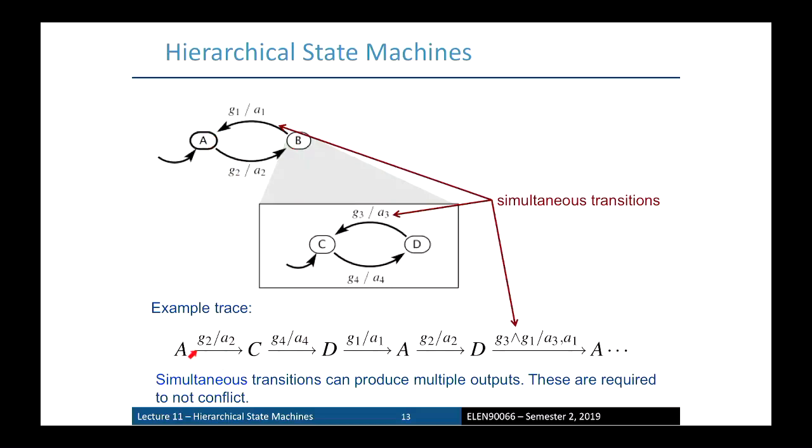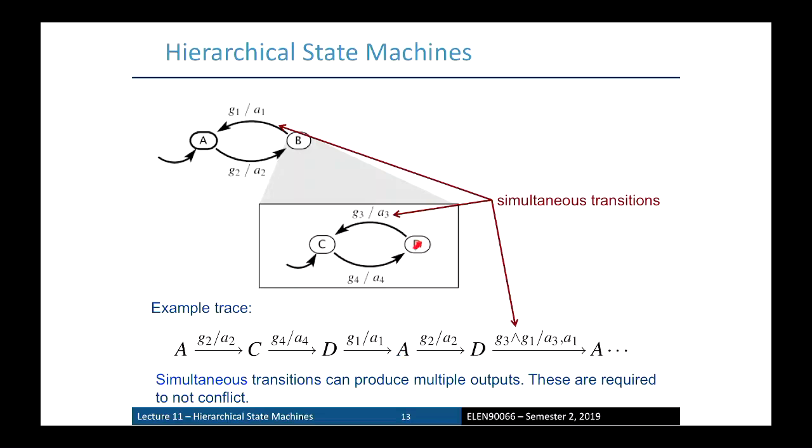We go to B, no, we don't count B, right? Because B is an OR state here. We enter C because this tells you to enter here as the default. Okay, G4 happens, we go to D, then G1 happens, and we go back to A.